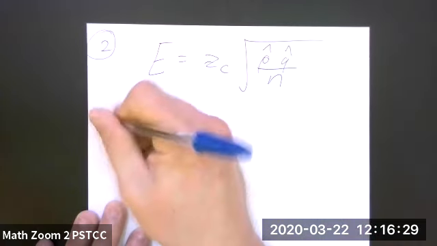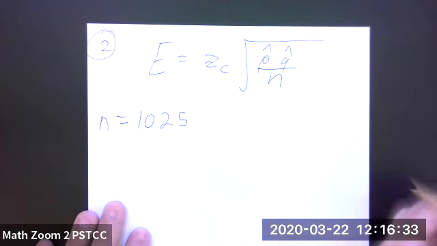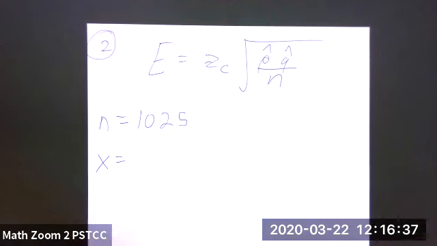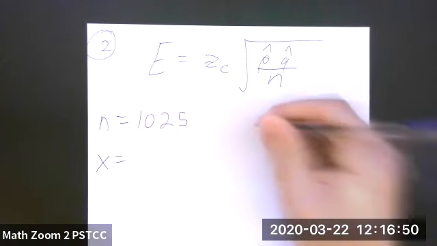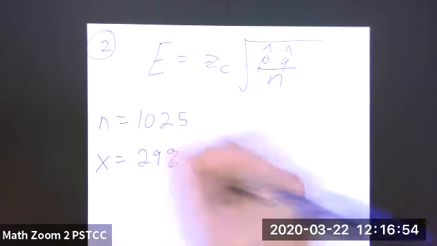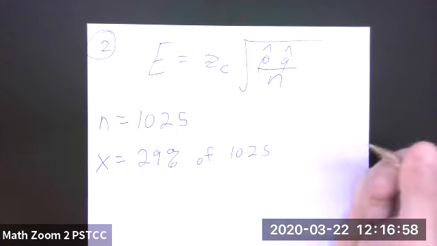So in this case, we have that n is 1025. What we don't have is x, the number of successes, which is okay. We can find it. We know that 29% shop online, which is 29% of this total. So we find 29% of 1025.